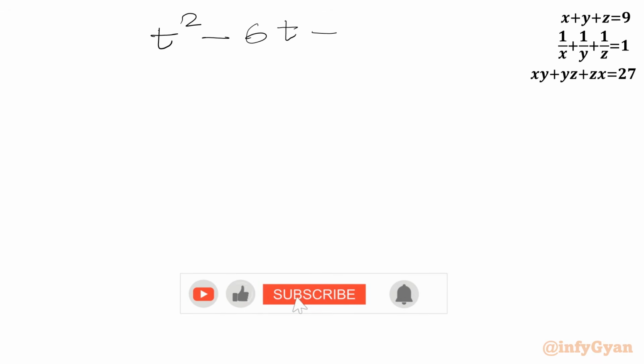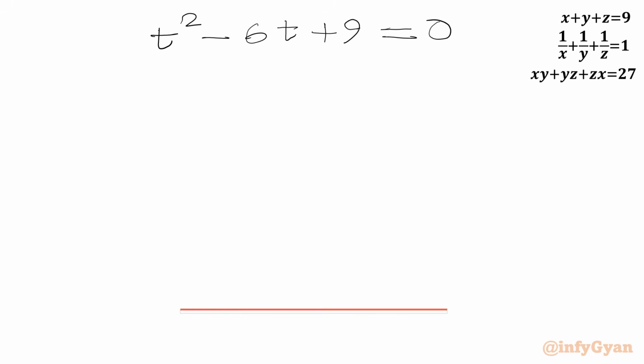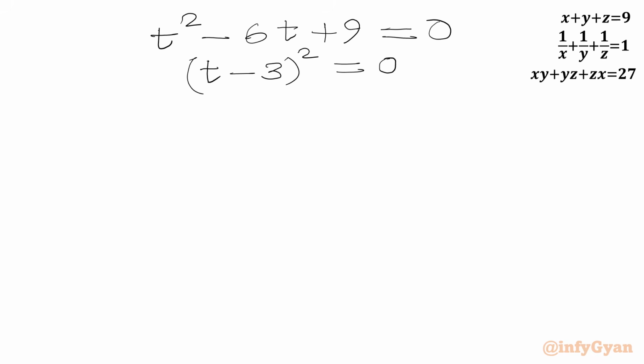So this is a perfect square of t minus 3. We can write t minus 3 whole square is equal to 0. Our base solution was t equal to 3, or we can write t minus 3 will be one factor.